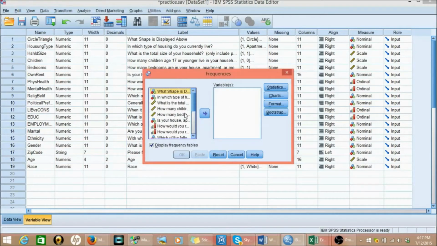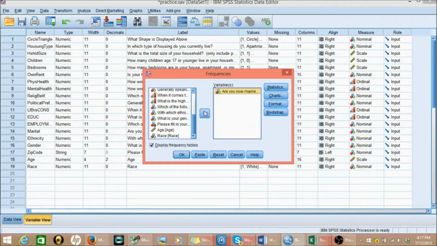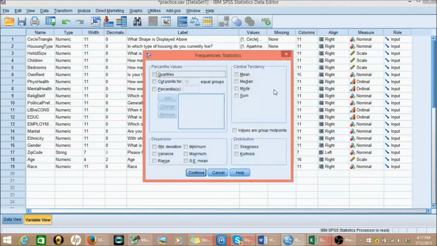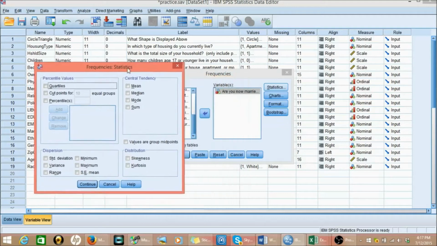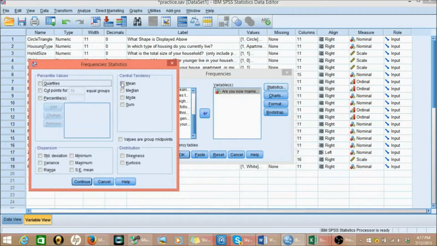Let's say that we want to know how many people were married. Let's look at the marriage. And for marriage, now here's the interesting thing. I'm going to check them all. But I'm going to tell you why we don't want to do this.